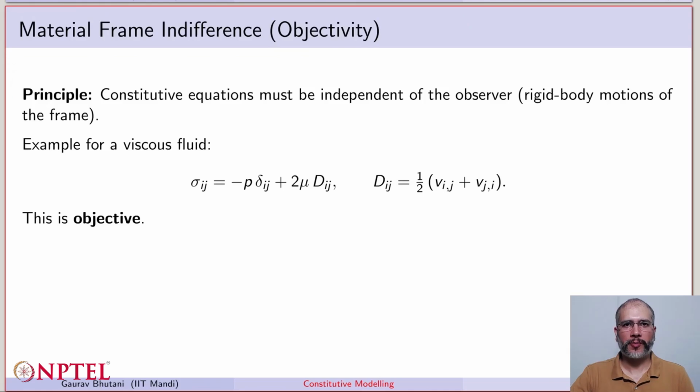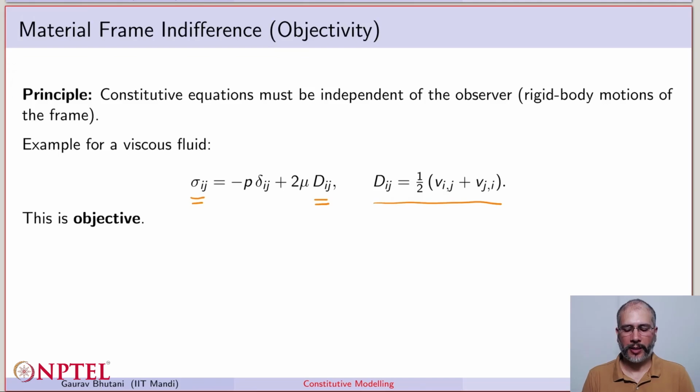So we have a viscous fluid, as we discussed in the examples earlier, and the response, that is stress sigma ij, is given as a function of the rate of deformation or the rate of strain dij, and dij is defined as the symmetric part of the velocity gradient tensor. This choice of ours to represent sigma in terms of the rate of deformation is an objective choice.